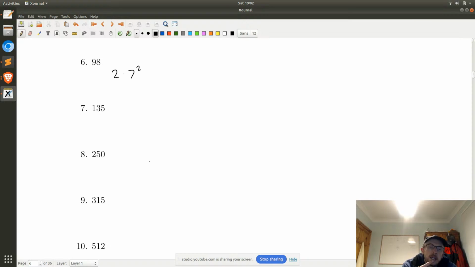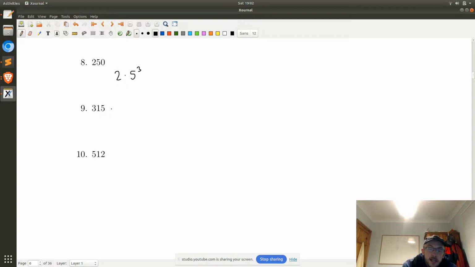And 135 is, well, it's divisible by 5. So what? 5 times 27? So 3 cubed times 5. 250 being 10 times bigger than 25 would be 2 times 5 times 5 squared. In other words, 2 times 5 cubed. 315, it's obviously a multiple of 5.